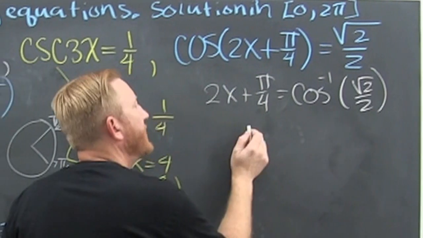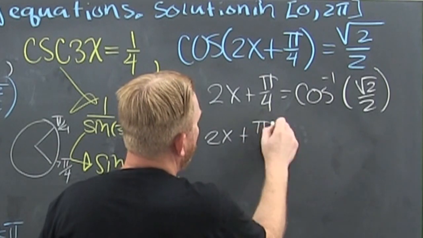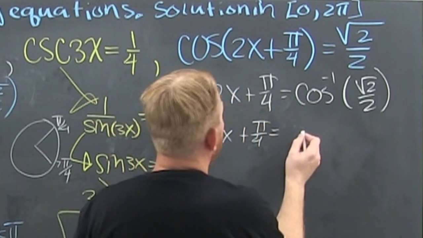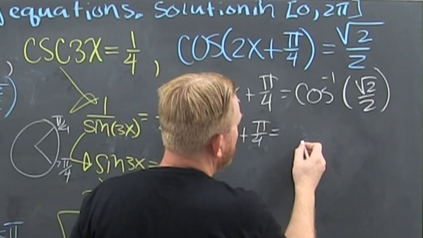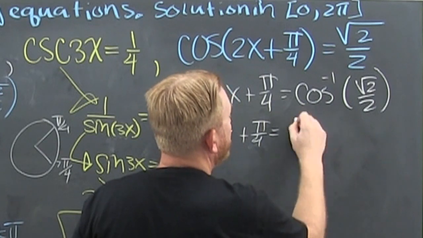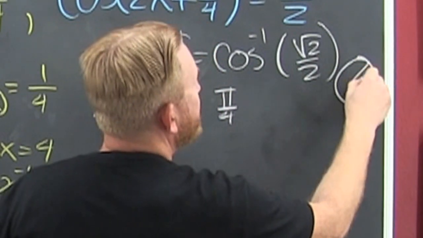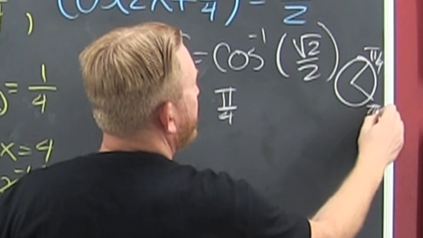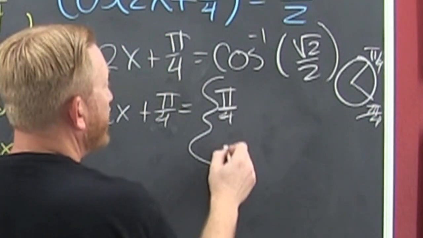That's going to be pi over 4, because it's root 2 over 2. It happens here and it happens there. That's a pi over 4, and that's a 7 pi over 4. So it's at both those places.